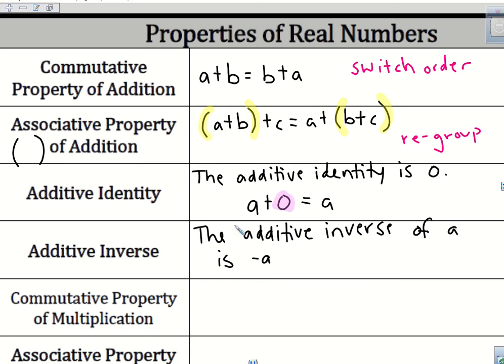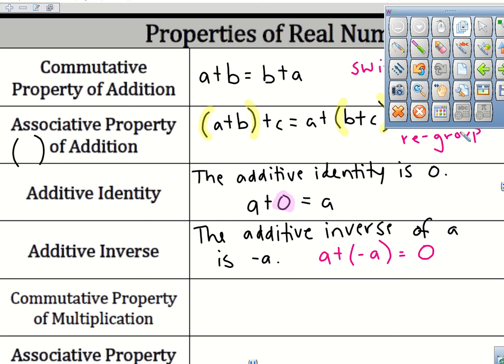Additive inverse, you're thinking, what can I add to a number to get 0? So A plus negative A equals 0. If we put this in real numbers, what do I add to 2 to get 0? Well, 2 plus negative 2, or 2 minus 2 equals 0. Okay, that's our properties of addition.